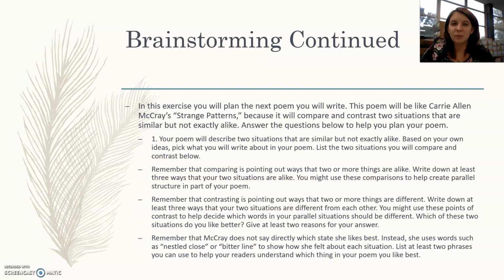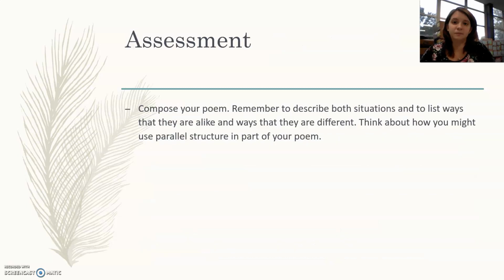So it changes it a little bit so it's not directly stating how you're feeling. So your job would be to write some ideas. You're going to come up with 2 things that are similar but not exactly alike. You're going to come up with 3 comparing things about them, and 3 contrasting items, and also come up with 2 phrases that help your reader understand which one of those you like best.